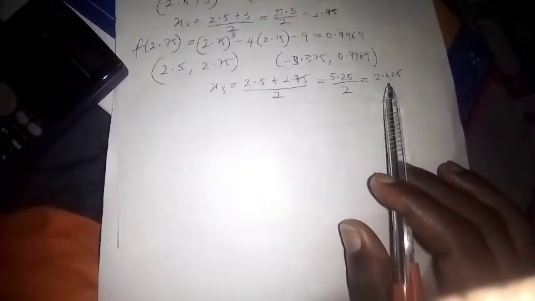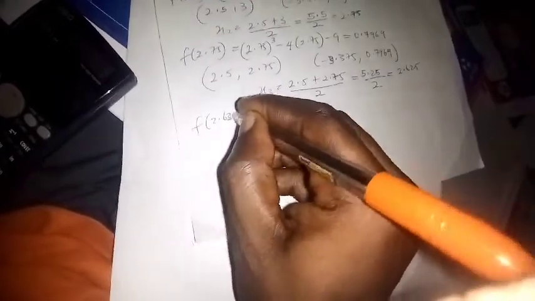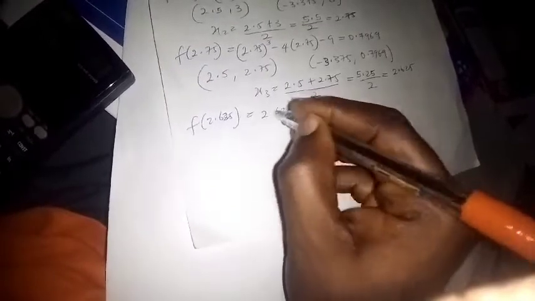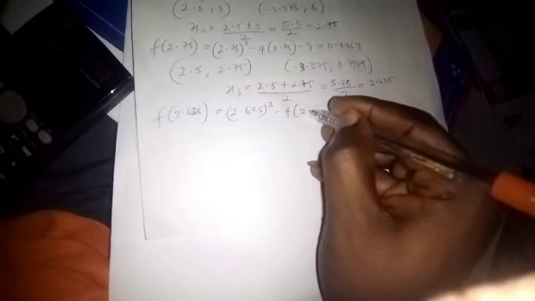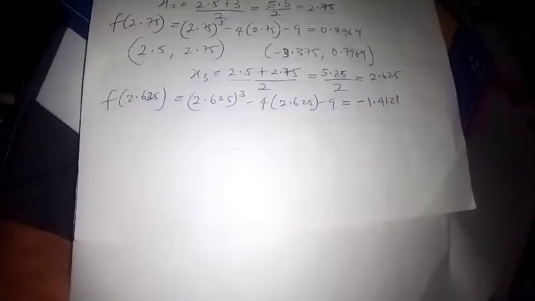Now, as you can see, my x3 gave me 2.625. So you substitute the value into the expression: 2.625 raised to the power of 3 minus 4 times 2.625 minus 9. Let's calculate. We got a negative root.